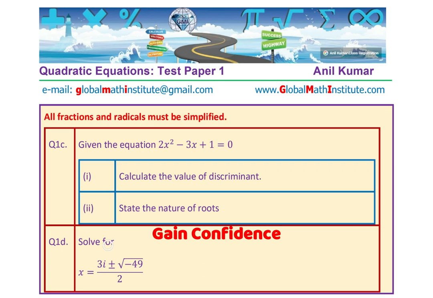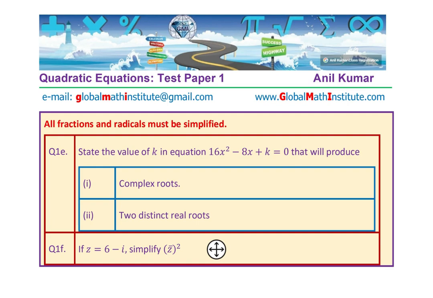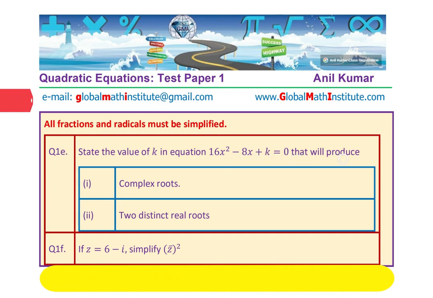D. Solve for x. Some students have done complex numbers, some have not. So here x belongs to complex numbers. E. State the value of k in the equation 16x squared minus 8x plus k equals 0 that will produce complex roots or two distinct real roots.